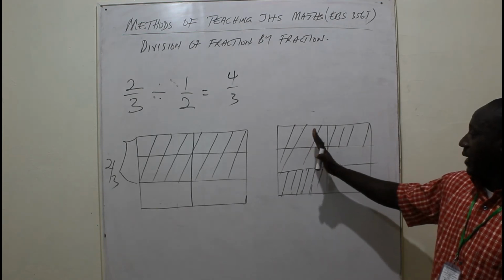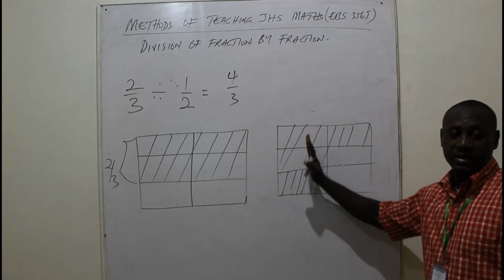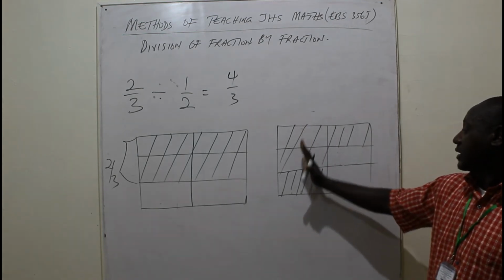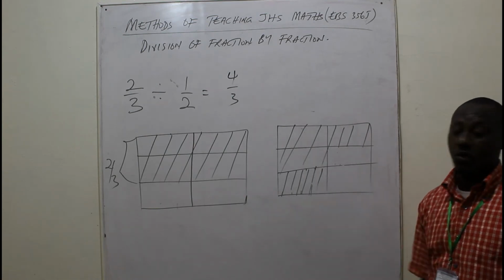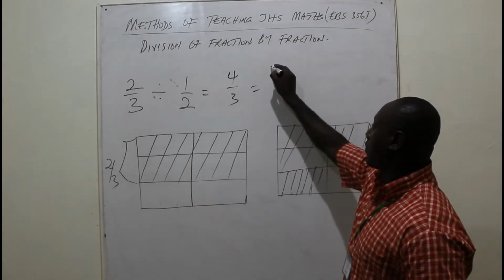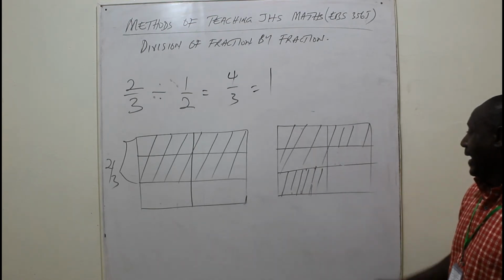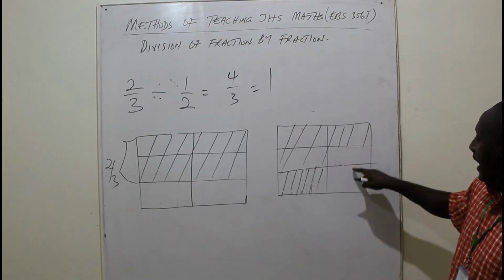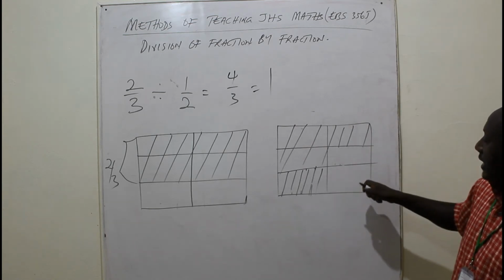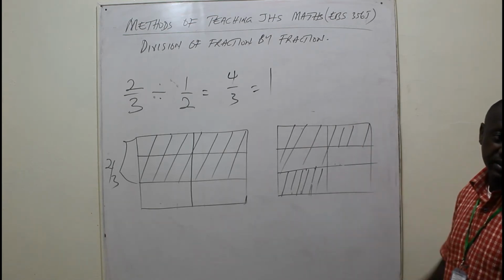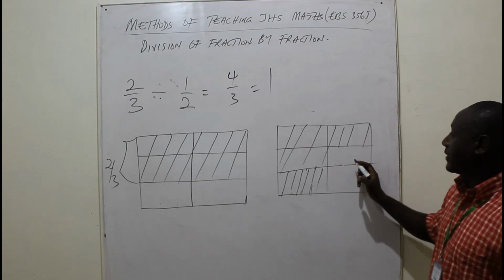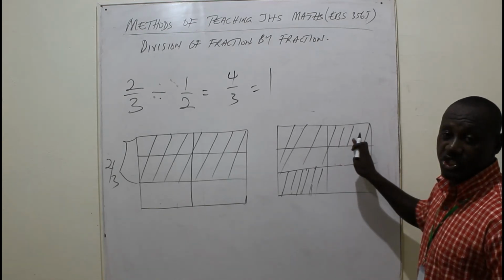Now you notice that one of the halves is now being shaded. All of them have been shaded to be a whole. And so I can have a whole here. And then when we go to this part, you will notice that I have 3 divisions. But out of the 3 divisions, I have one part shaded.